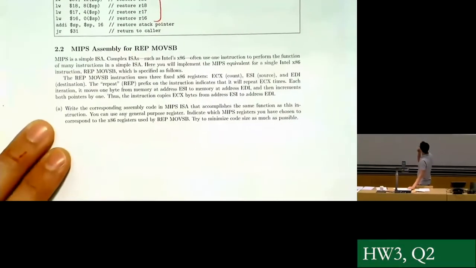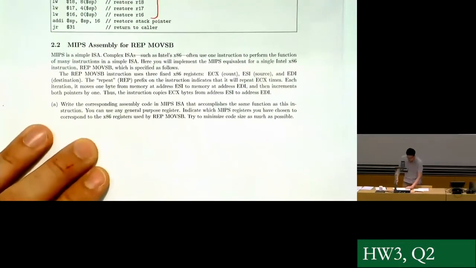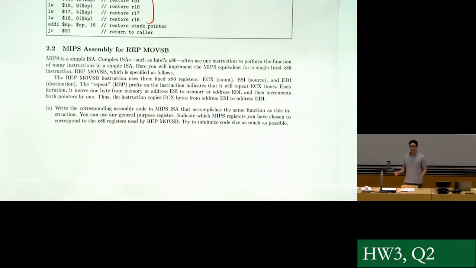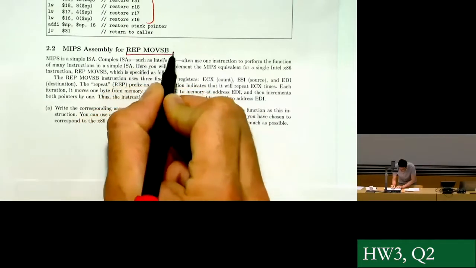And here, MIPS assembly for rep movsb. So here we are asked to write some MIPS code that is going to do essentially what one x86 instruction does. And this x86 instruction is rep movsb.